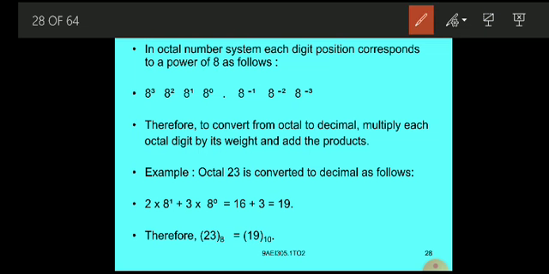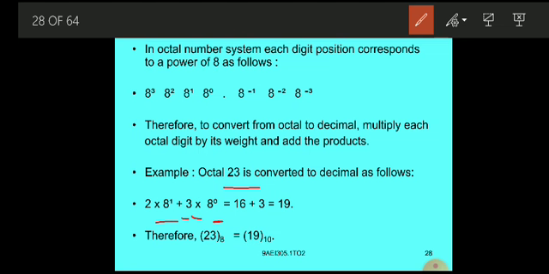This 3 into 8 power 0, that is the lowest position, the LSD, plus 2 into 8 power 1.